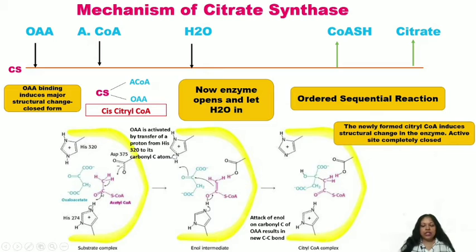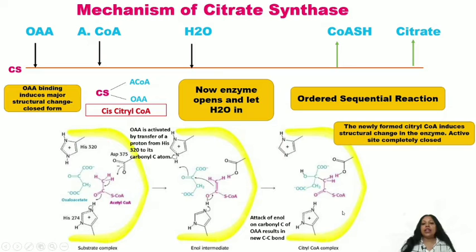Two molecules come together in the proximity of the enzyme, and due to the effect of two histidine moieties, the formation of a new carbon-carbon bond takes place, and now you have a 6 carbon citryl coenzyme A intermediate in the active site. So, it is not the final product, because the final product would be citrate, but citrate is here along with the thioester bond or the SCoA group, correct?